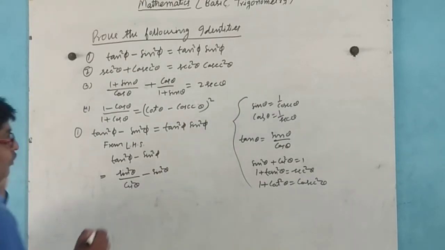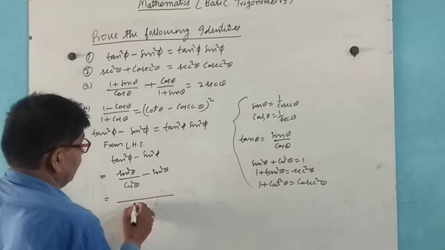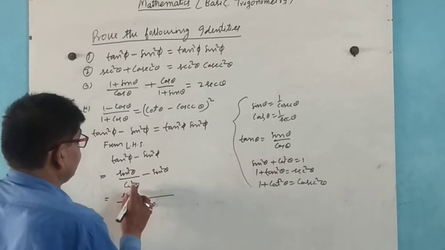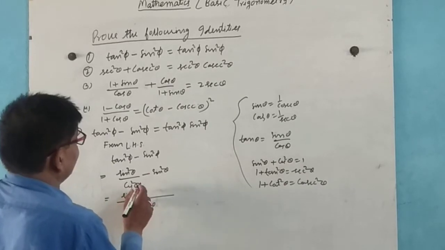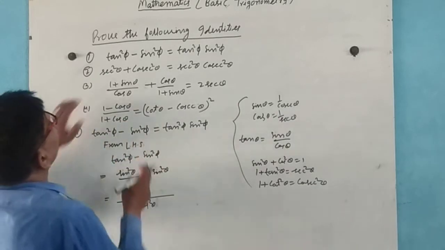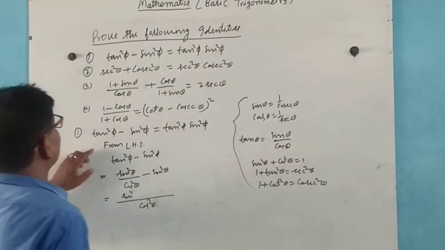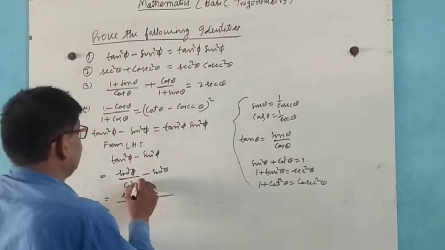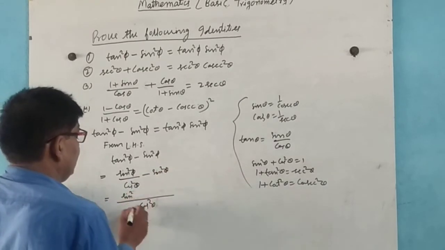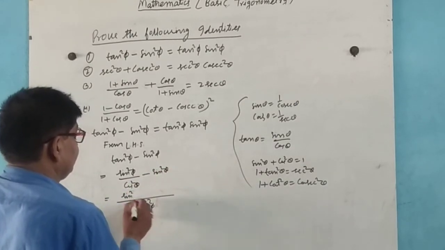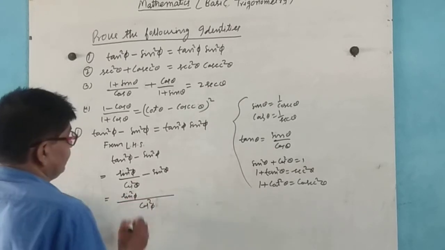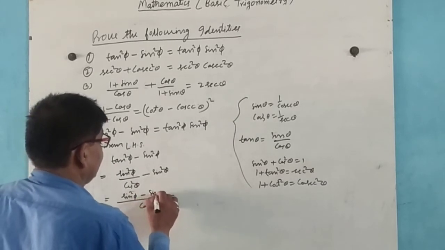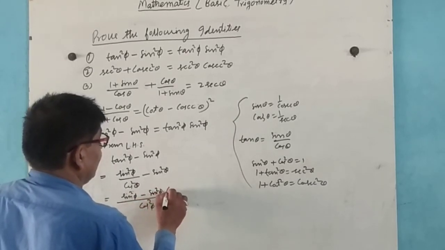Now we take the LCM, cos square theta, here sin square theta. In the question we take phi everywhere, this is phi, this is also phi. Sin square phi, and here sin square phi into cos square phi.